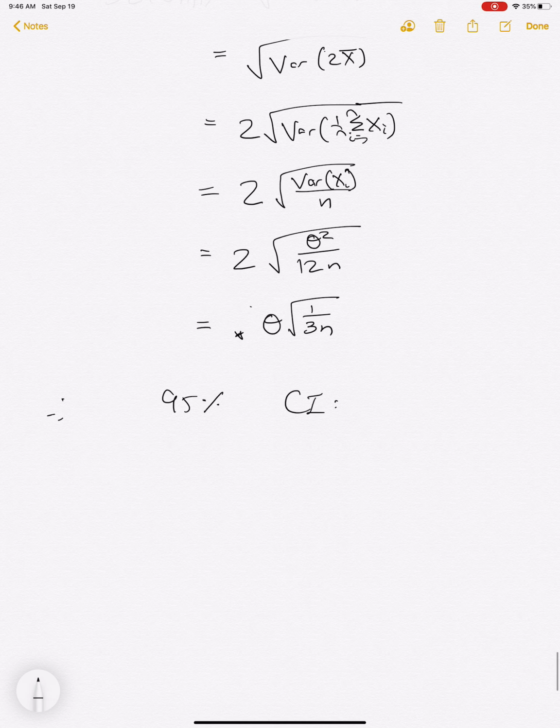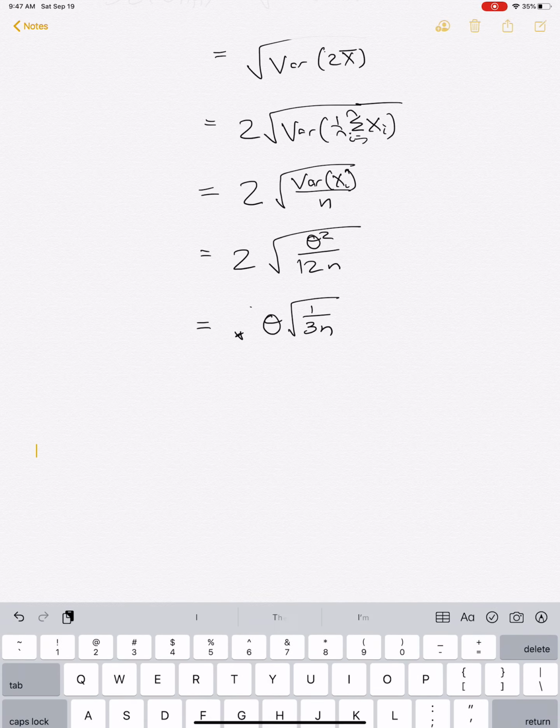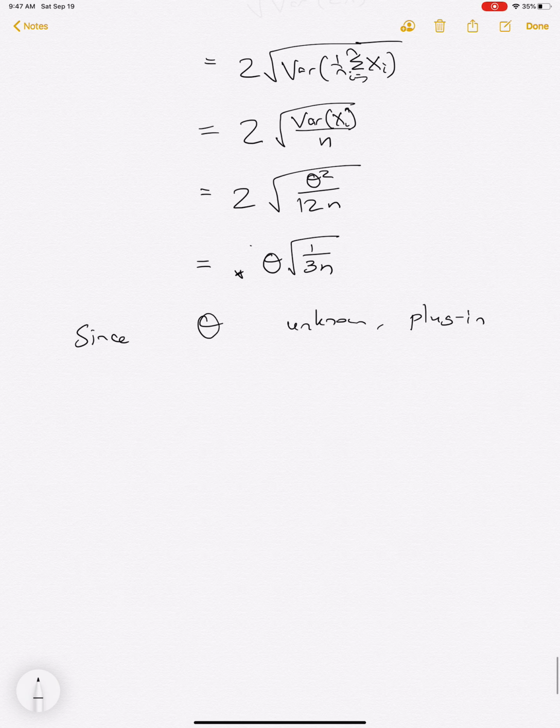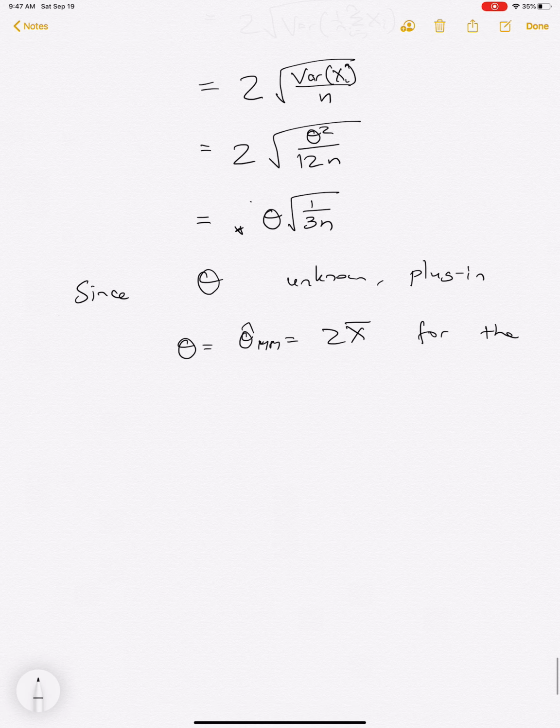our 95% confidence interval is going to be, well, I should just say one more thing before continuing, which is that since theta is unknown, you can plug in theta equals theta hat, which is equal to 2 times x bar, for the standard error.